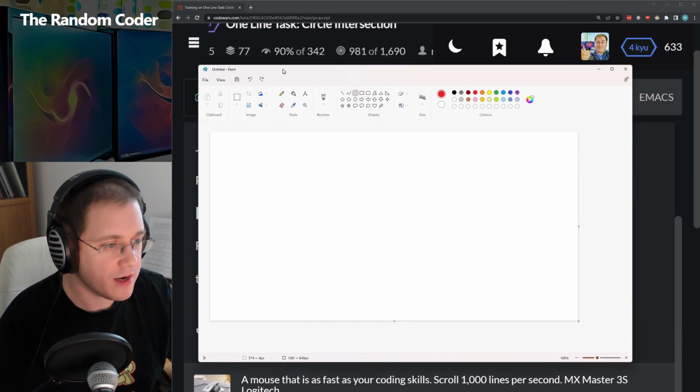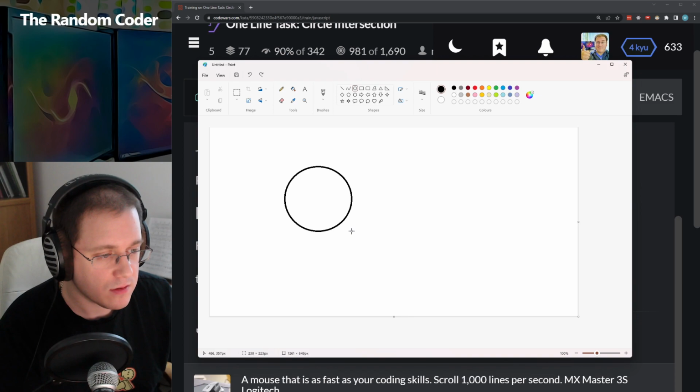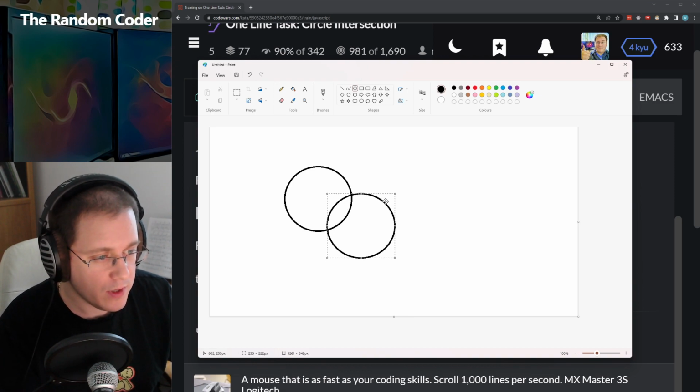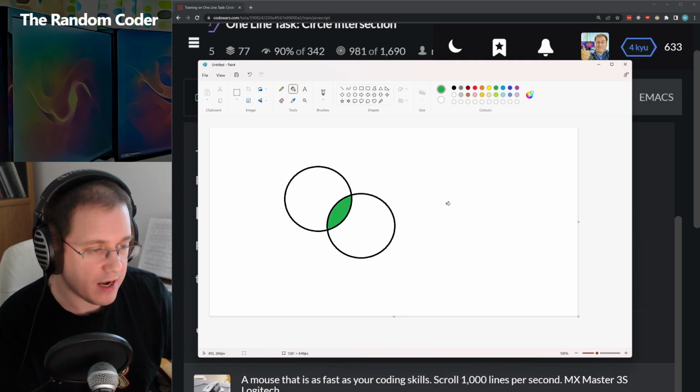Okay, I think I have an approach in mind. So if we imagine two circles, congruent ones, which is just that they're the same size and shape, we could have something like that, let's say. And what we're being asked to measure is this area here.